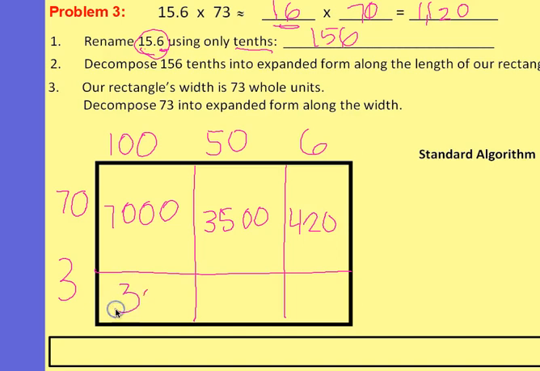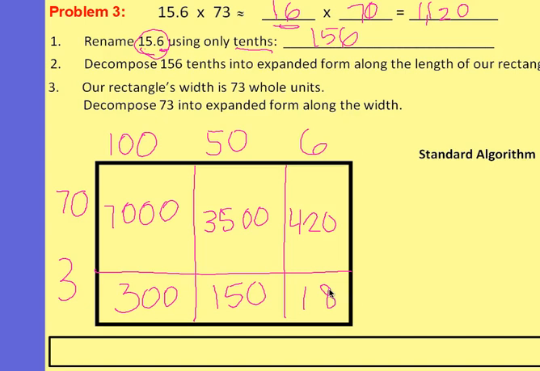Now I have 315 and 1 power of 10, and 18. I'm going to add all these amounts up, and that should get me somewhere close to my complete answer of 15 and 6/10 times 73.